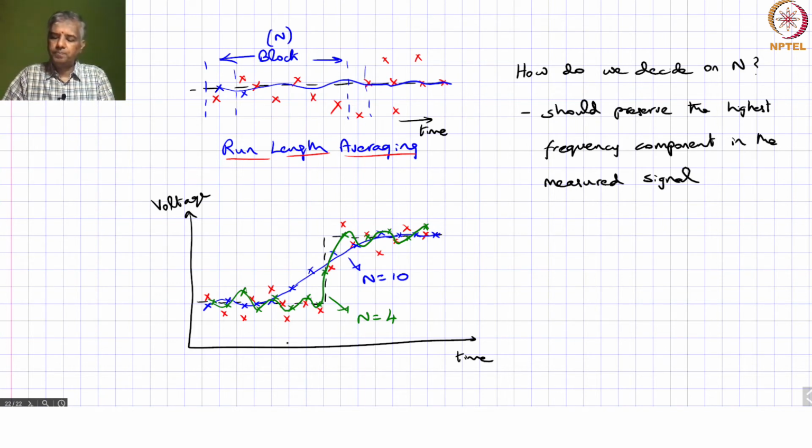Okay, so this is one of the key points to understand. Essentially, when we are doing run length averaging, you are doing what is called low pass filtering. So you are losing some of the high frequency spectral components in your signal. That's something you have to be wary of.